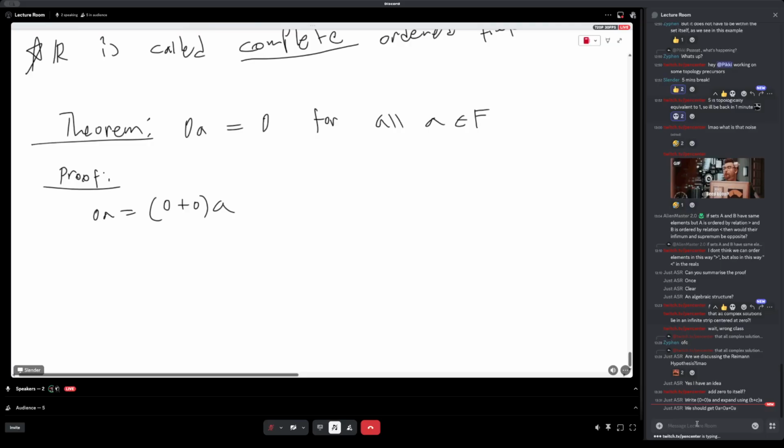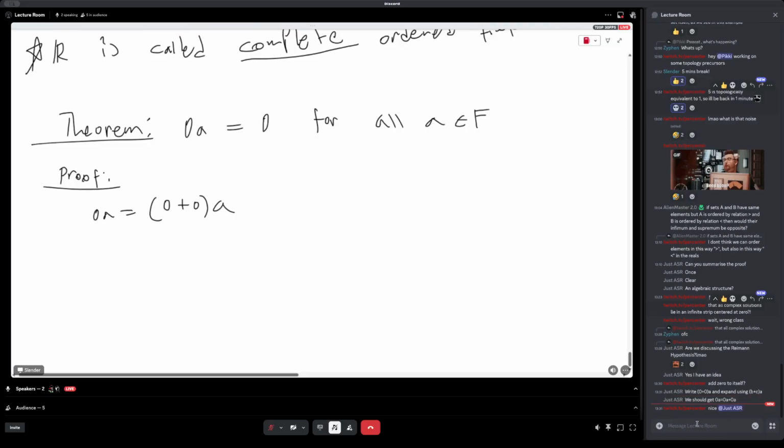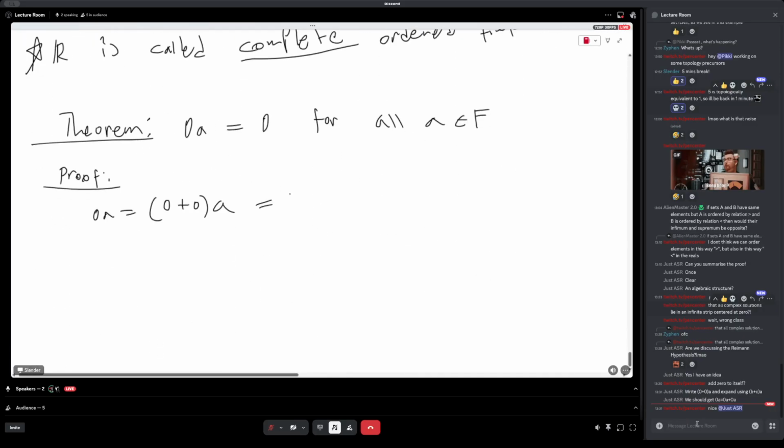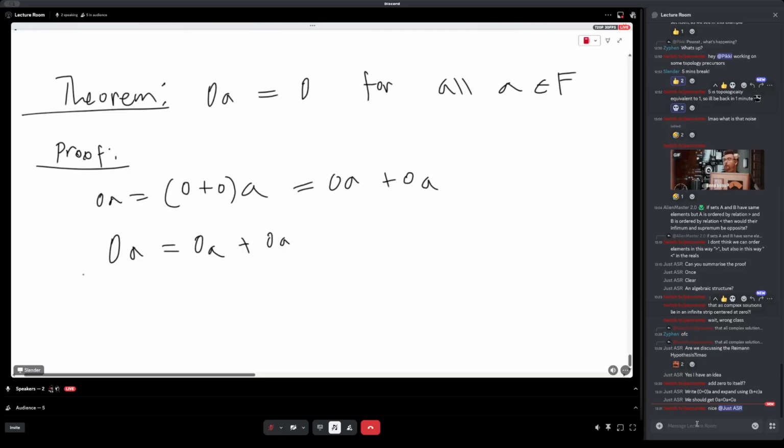We need to make sure that 0 is unique, but it will work, I think. And expand using B plus C. So by associativity, we can say 0A plus 0A. Then we have 0A is equal to 0A plus 0A. That's pretty neat.